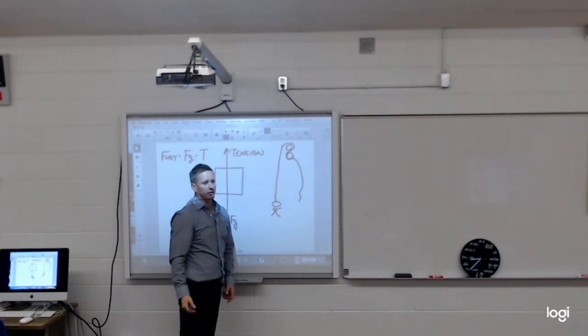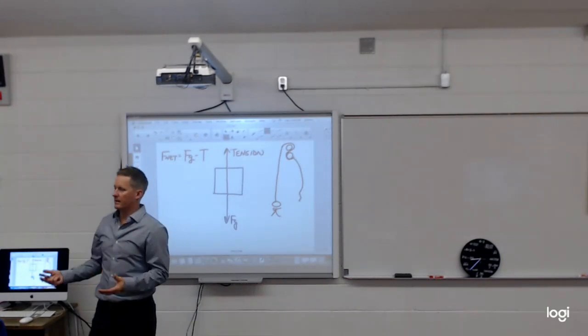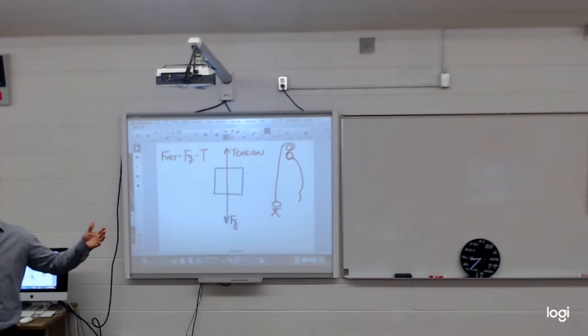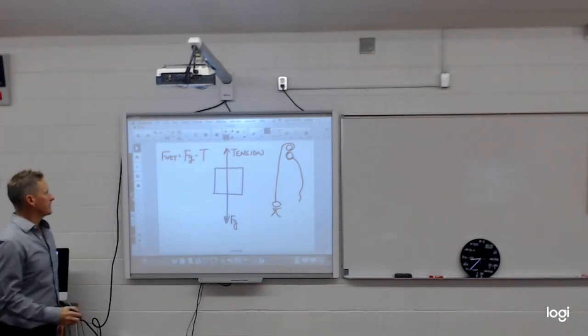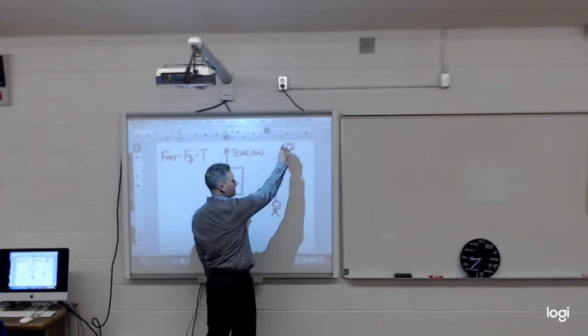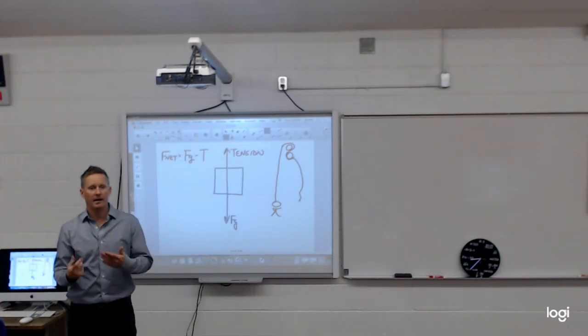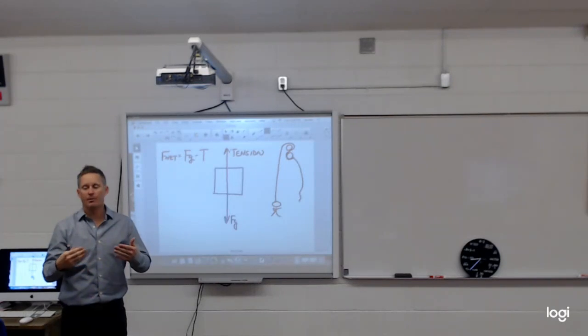For you to lift that box of shingles up to the roof is going to take a lot of doing. But the moment you add in a pulley, it lessens the amount of tension on you and it allows you to pull something up.